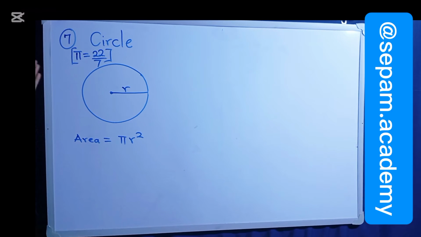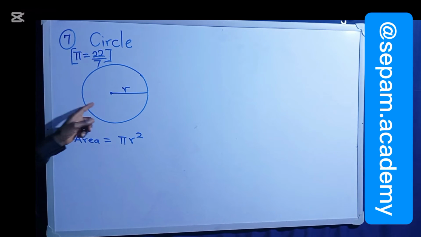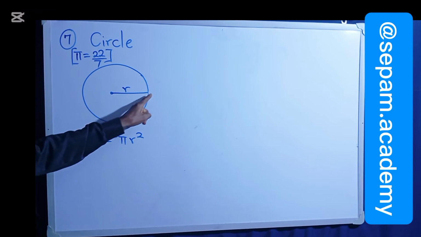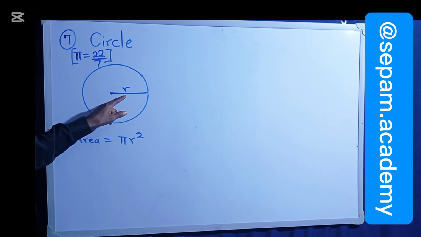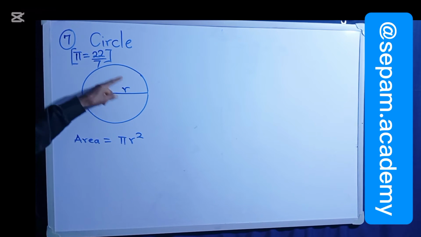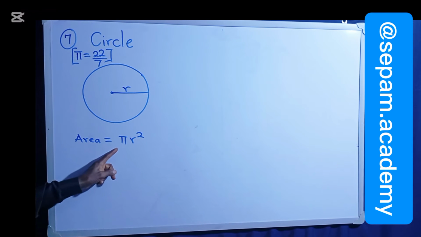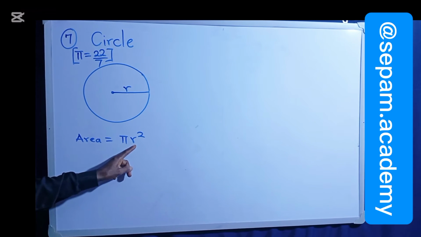All right, so the seventh two-dimensional shape that we have is a circle. In a circle, the line that connects the middle of the circle to the circumference is called the radius. Once you know the radius of the circle, you can calculate the area of the circle. The area of a circle is pi r squared.